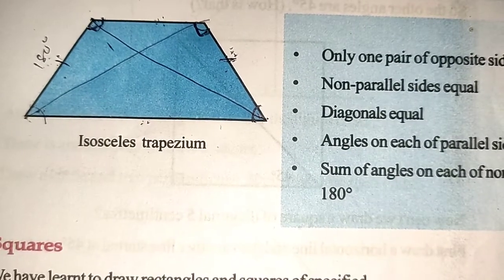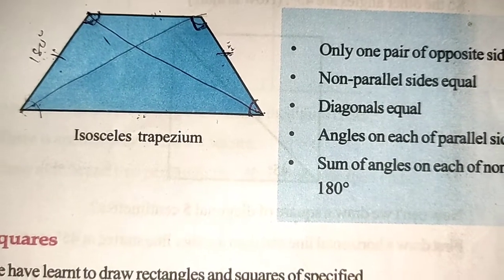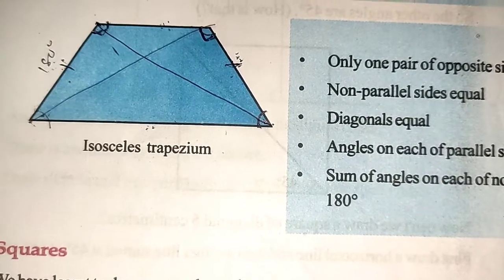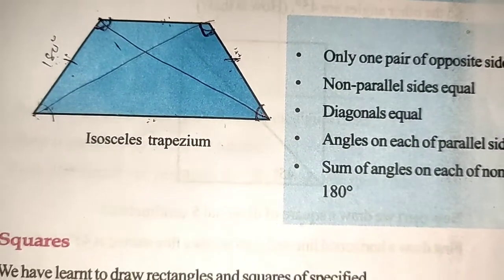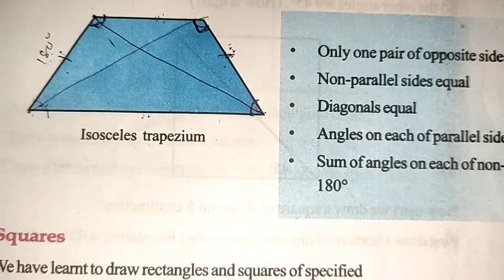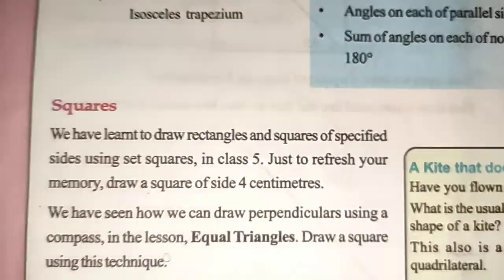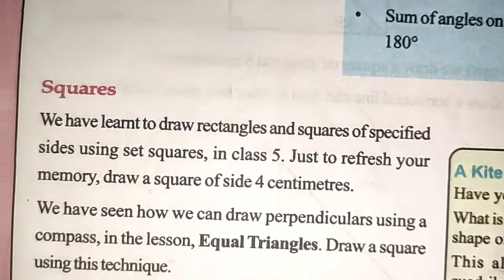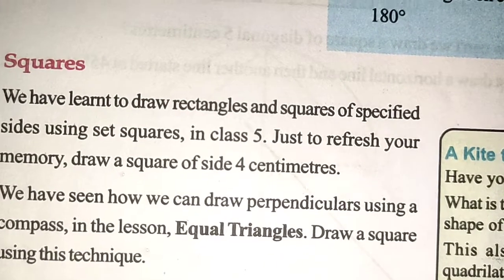In this chapter we are discussing the construction of all types of quadrilaterals, and using the above specialities only we can construct them. So here we go through the first construction, that is the square. How do we construct a square?